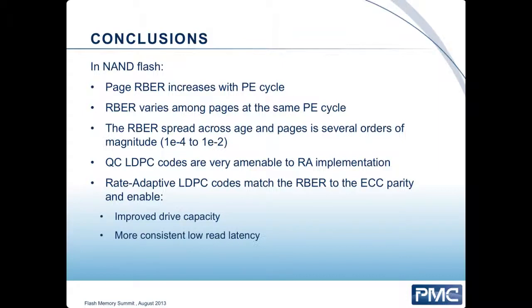PMC-Sierra's error correction technology, which is rate adaptive, is able to match the error correction parity to the behavior of the flash at that point in its life. As such, we maximize the user experience and minimize cost per gigabyte.